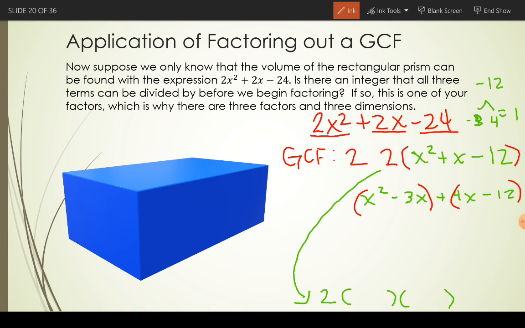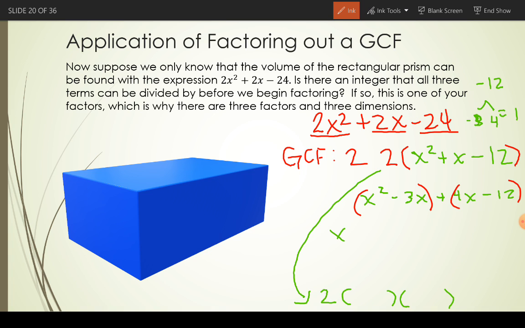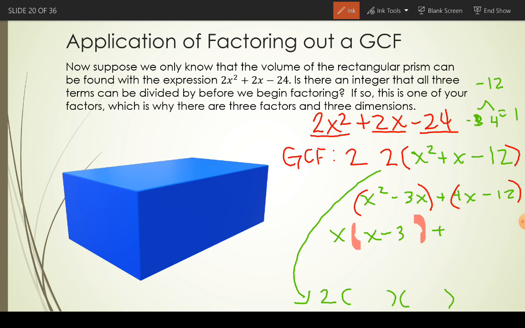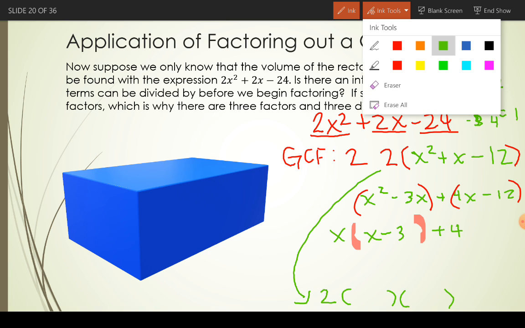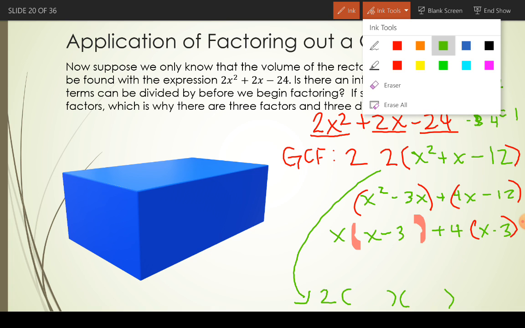I can take out an x from my first pair, and what's left is going to be x minus 3. And then for my second pair, I can take out a value of 4, so plus 4. And what's left is going to be x minus 3. Perfect.